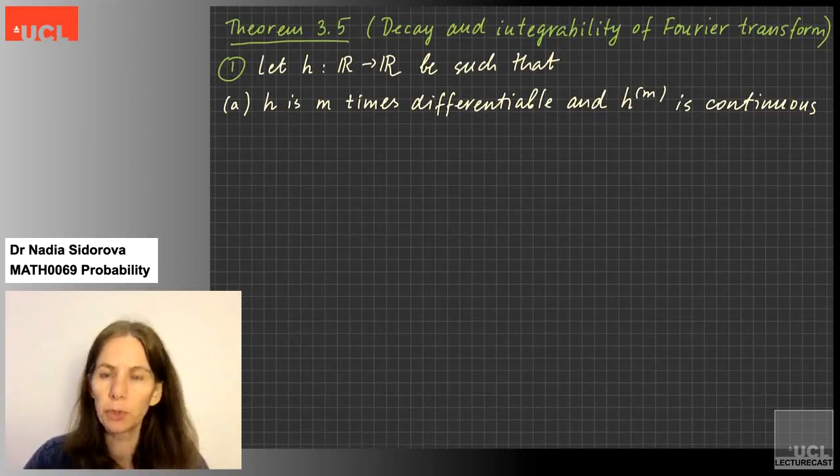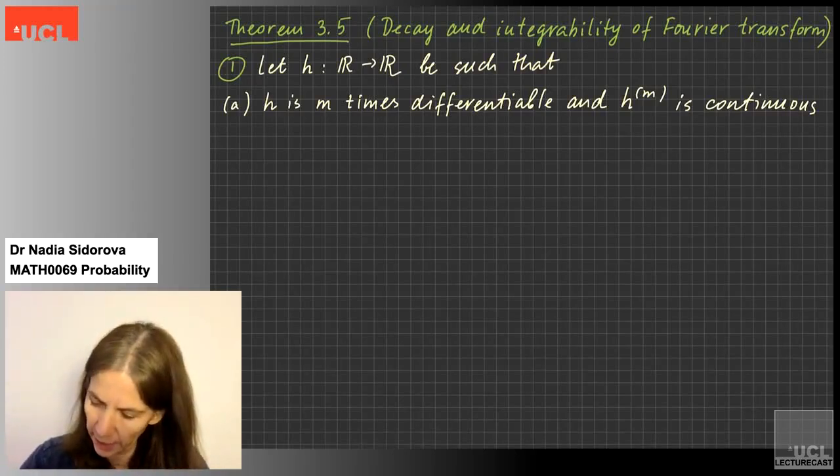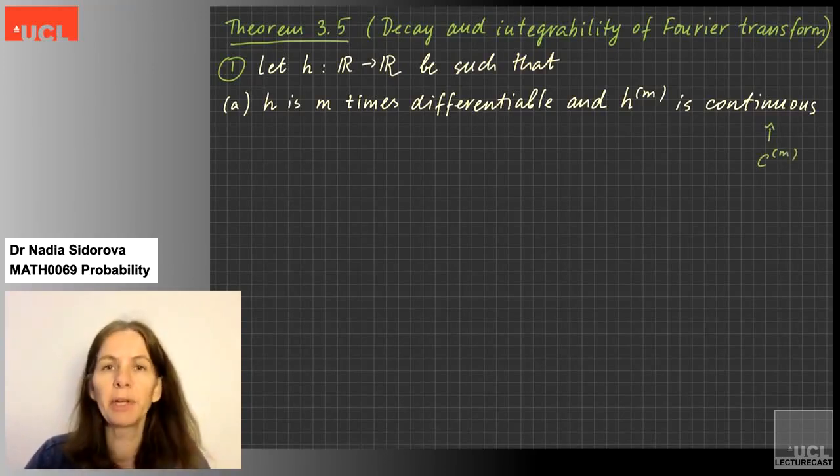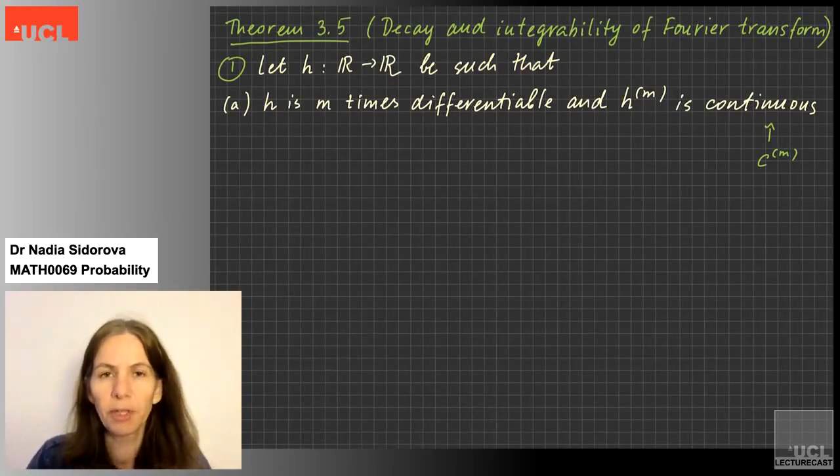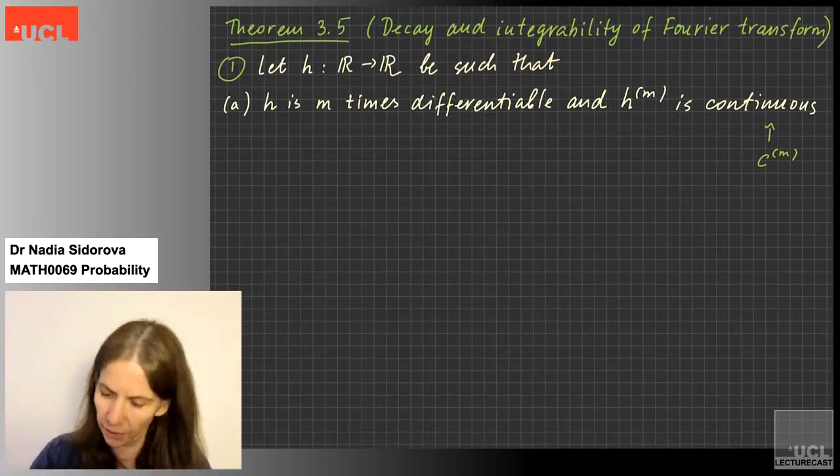People often use notation Cm for this, similarly how we use C2 for functions which were twice differentiable with a continuous second derivative. So m stands for how many times you can differentiate, C stands for the continuity of the last derivative.